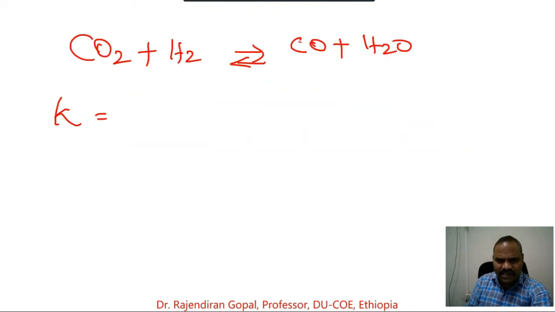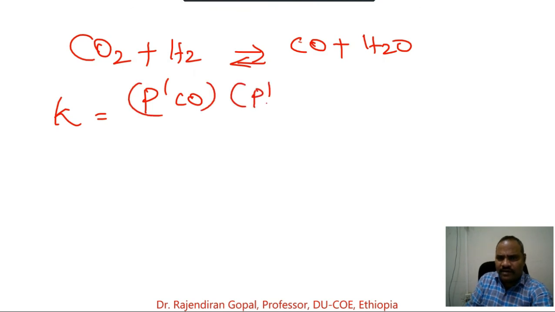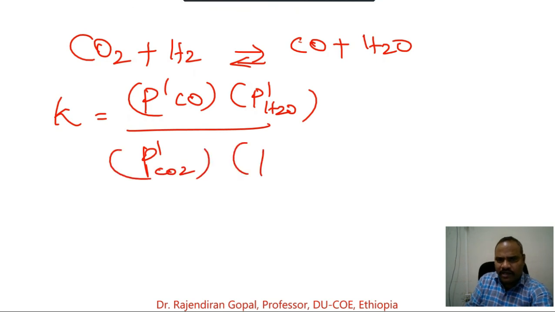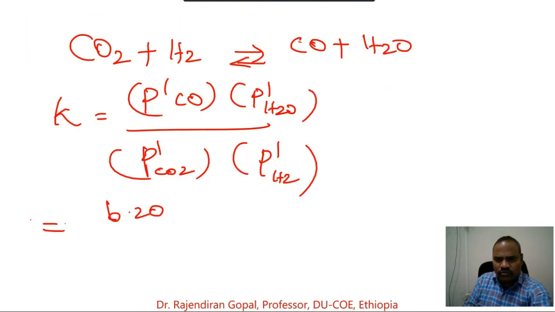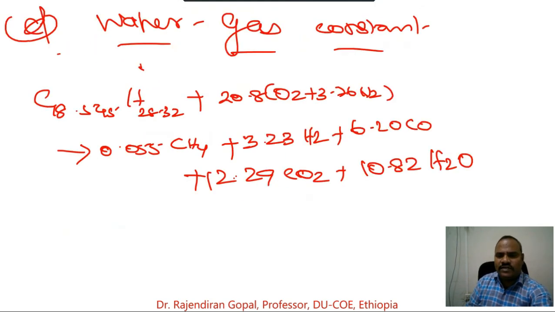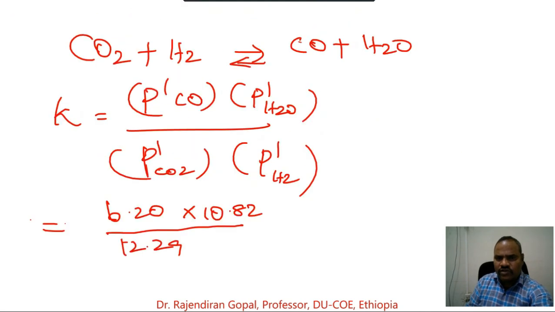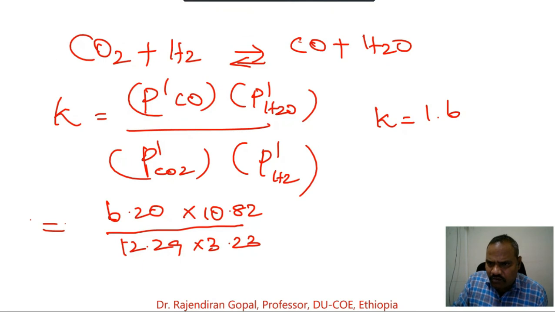Then the water gas constant K is equal to P' of CO multiplied by P' of H2O over P' of CO2 multiplied by P' of H2. We know from our equation CO is equal to 6.20, H2O is equal to 10.82, CO2 is equal to 12.29, H2 is equal to 3.23. We get K is equal to 1.6899, that is approximately 1.7.